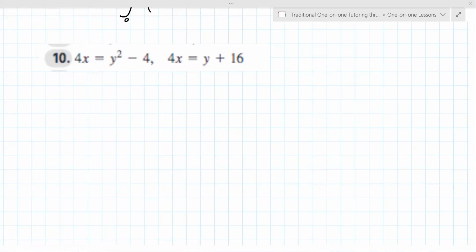Let me get this graph up, and snip it in.